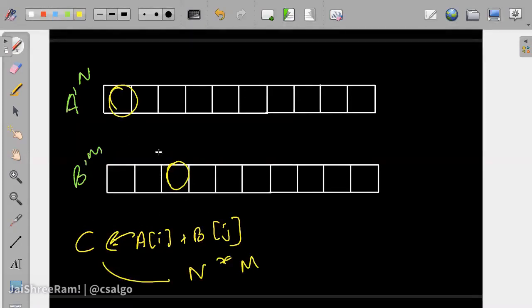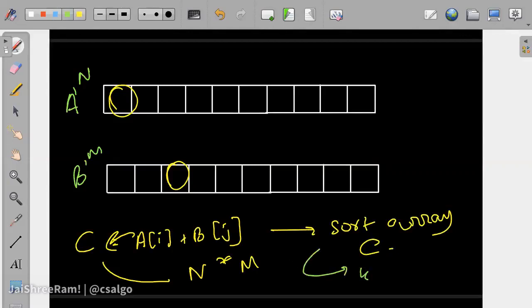So C is created by just inserting these n into m possible values, and then we sort this array C. Now you need to find the kth value in C. So the question is, you are given arrays A and B of sizes n and m, and for all pairs, one taken from A and one taken from B, you add them into a separate array C. Then you sort the array C and find the kth value in C. You need to find out what that value would be.